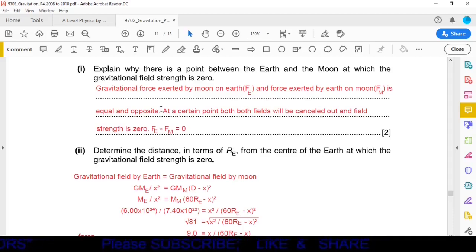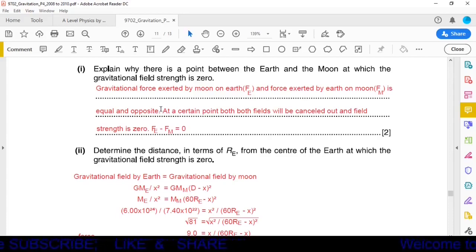According to Newton's third law, force exerted by one object on the other object will be equal to the force exerted by the second object on the first object but in opposite direction. So the force exerted by the Earth on the Moon is equal to the force exerted by the Moon on the Earth, in opposite direction.